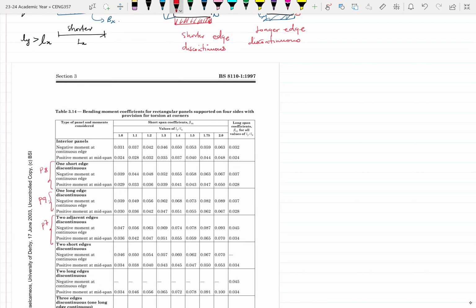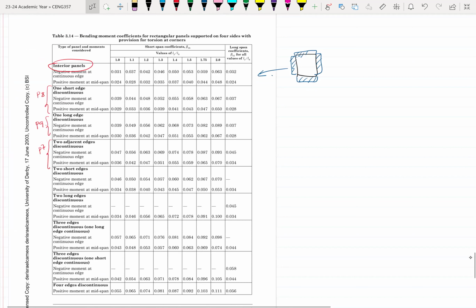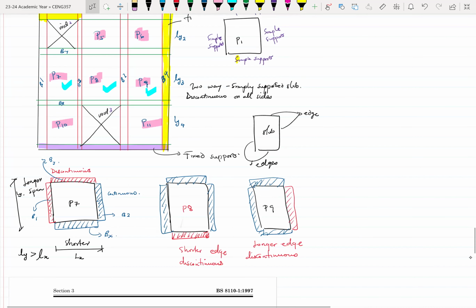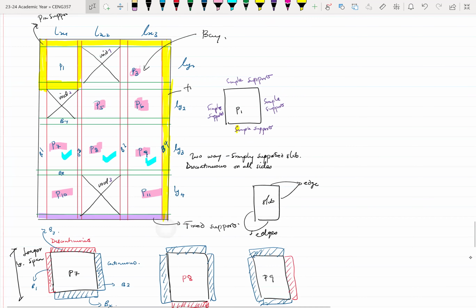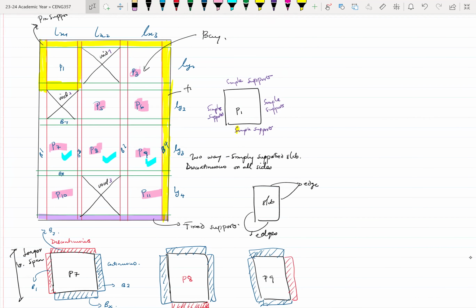So we have what you call the interior panels. I just want to explain the rest to us. The interior panels will come into play when all the sides are continuous over supports. Then this will be a typical interior panel. Then we have two short edges discontinuous. I don't have an example over here.